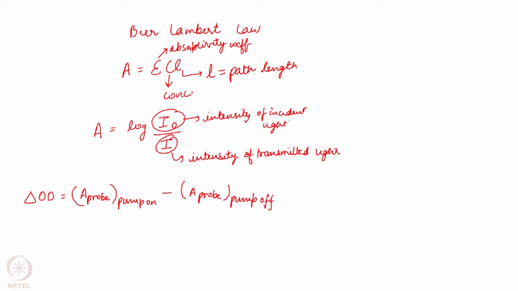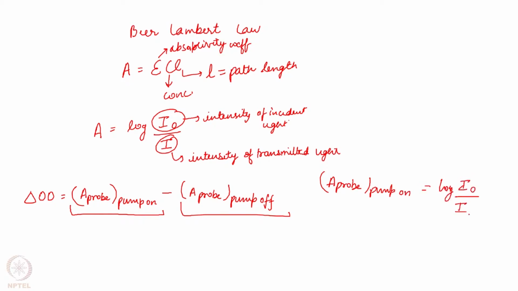So we can write the absorbances for these two individual processes. The absorbance of the probe when the pump is on can be written as log of I naught upon I when the pump is on. Here I naught is the original intensity of the probe, or incident probe, and I is the intensity of the probe after passing through the sample.